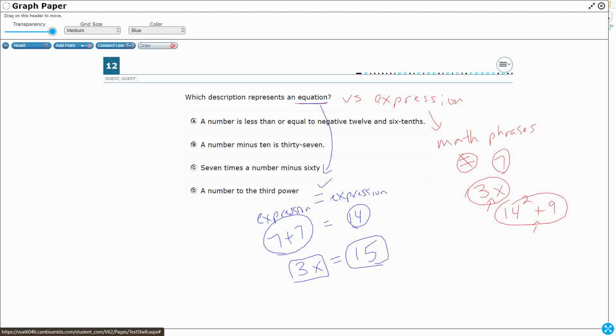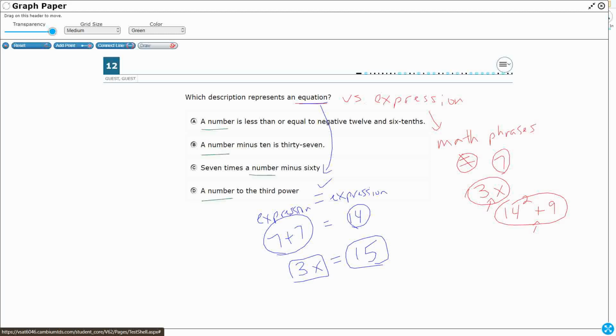So let's just write these out, A, B, C, D, and see which one of these includes the equal sign. A: a number is less than or equal to negative 12 and 6/10. So a number, a number, a number.